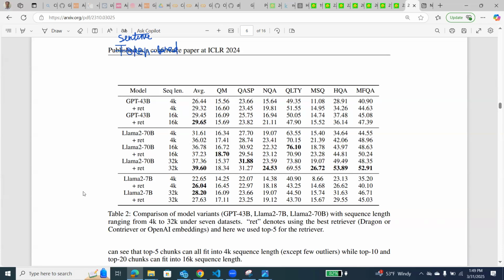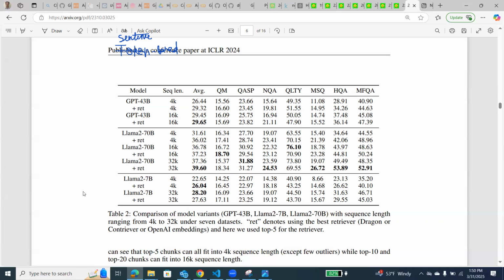So it means that you can use a less powerful large language model, but if you add this retriever, then it will perform approximately as a large model. And this is what is used in practice.